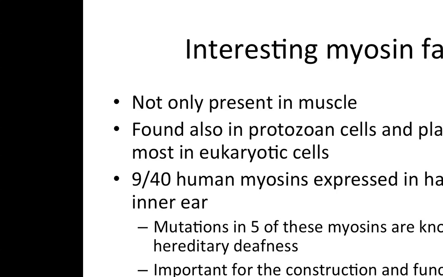Mutations in 5 of these myosins are known to cause hereditary deafness. Who knew? I did not know this before teaching this class, that hereditary deafness is caused in part, obviously not all, by mutations in myosin. I thought that's cool. It's important for the construction and function of stereocilia. That's those hairs in your ear.